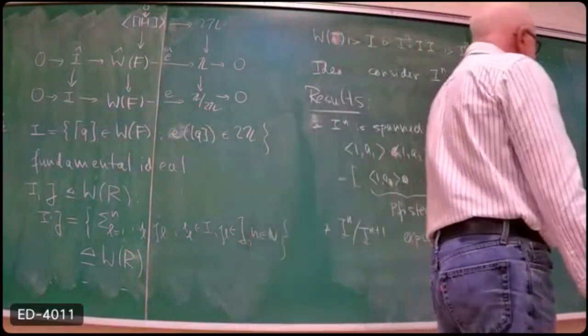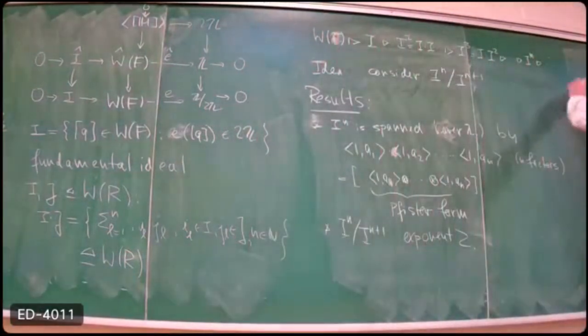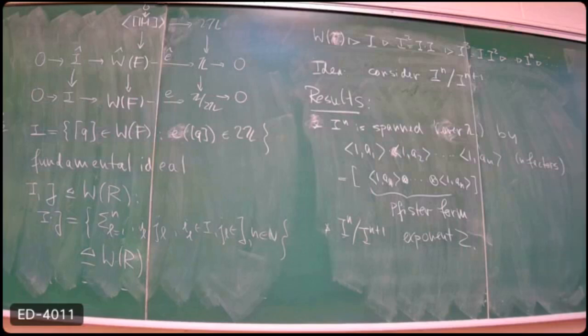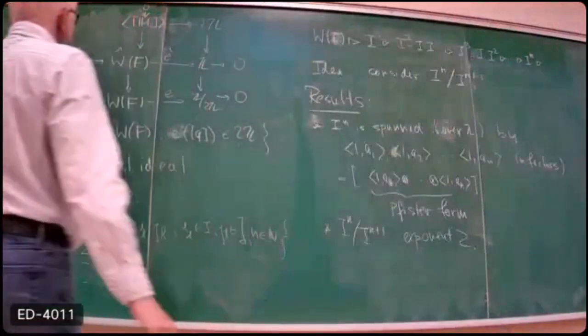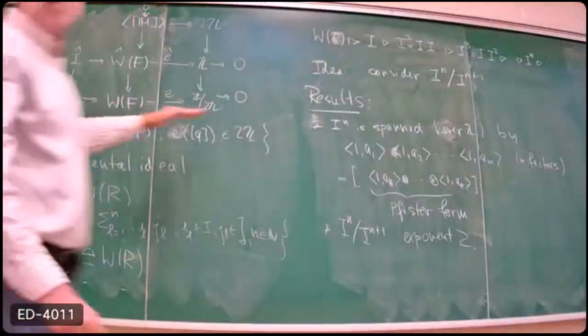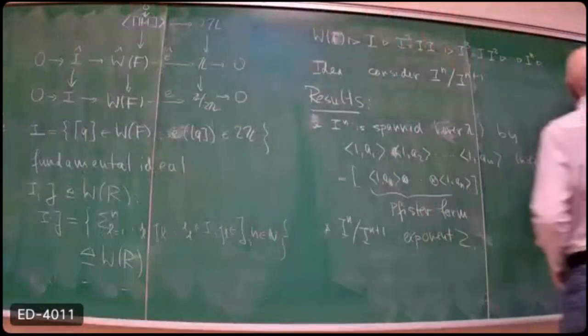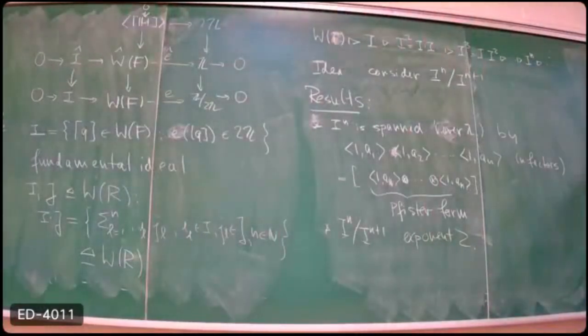And one knew, at least in the early 60s and 70s, the first couple of quotients. We know already that W modulo the ideal I is exactly Z modulo 2.